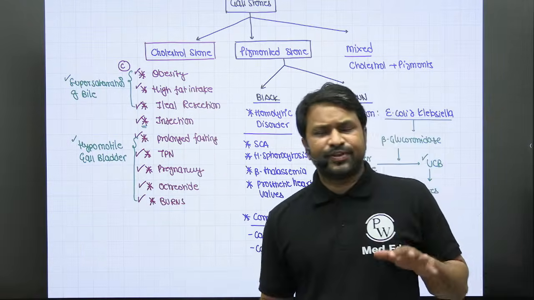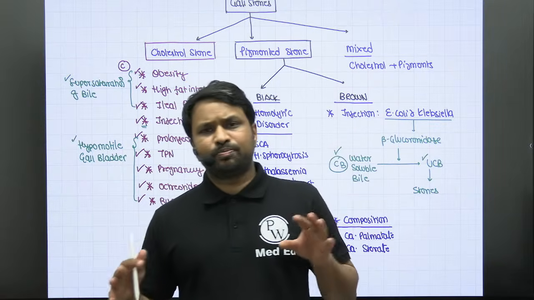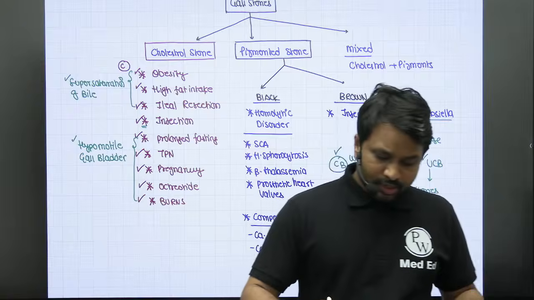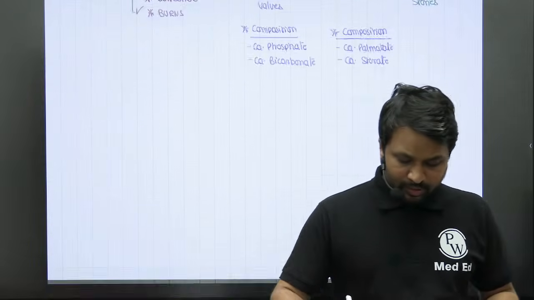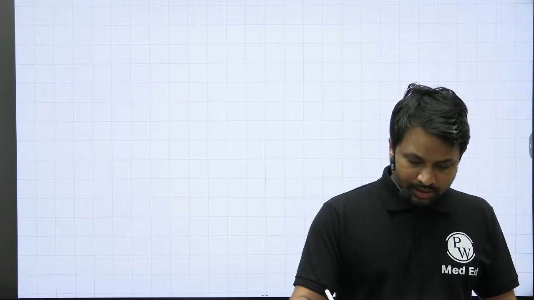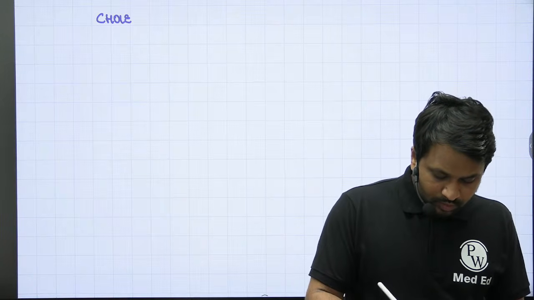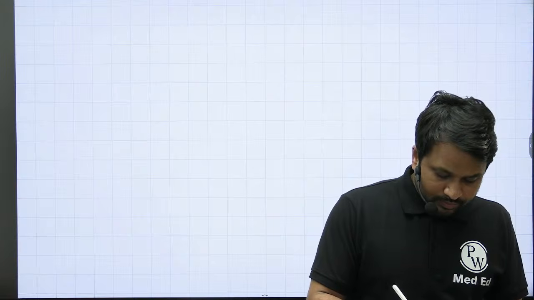Now, as we all know, presence of gallstones per se does not result in development of cholecystitis. So we need to understand what results in development of cholecystitis, right? So we'll talk about acute cholecystitis.